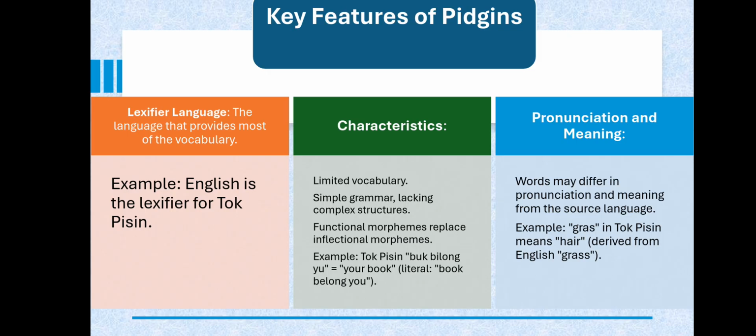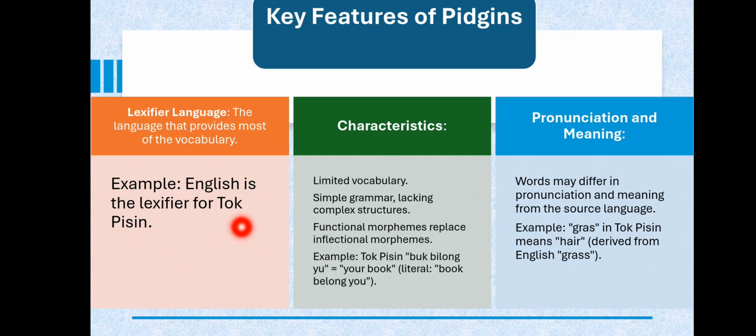Some of the vocabulary and structures are taken from one language and some from another. The dominant one, the one which provides most of the vocabulary, is called the lexifier language. Fine. So for example, English is the lexifier for Tok Pisin.